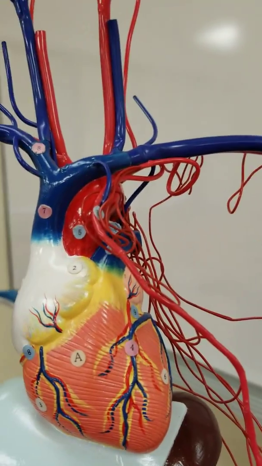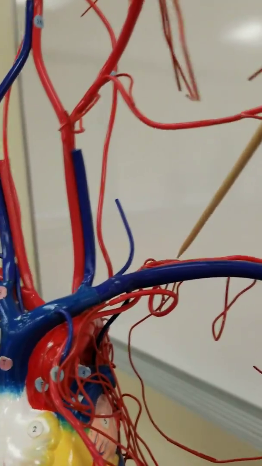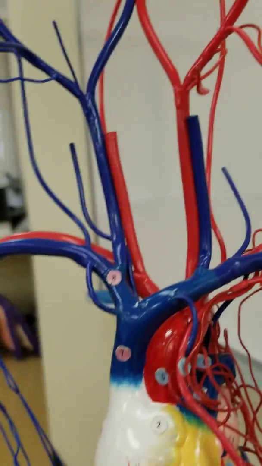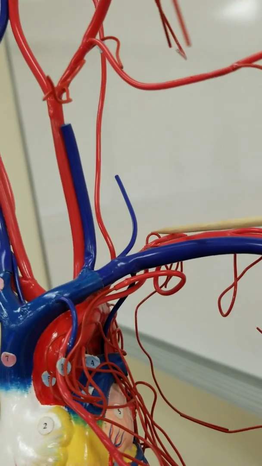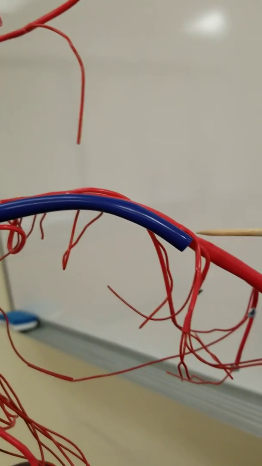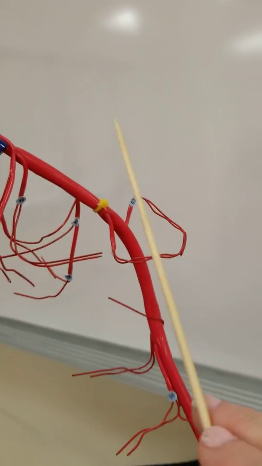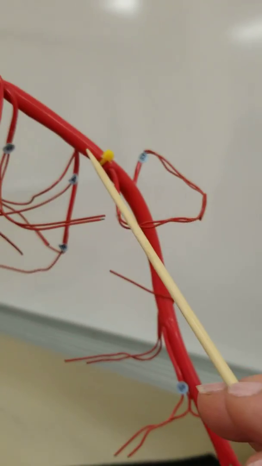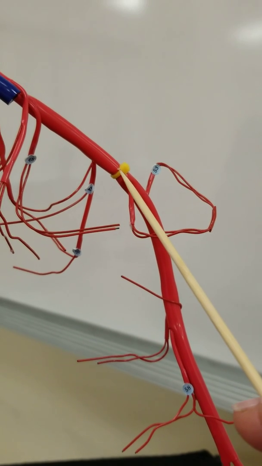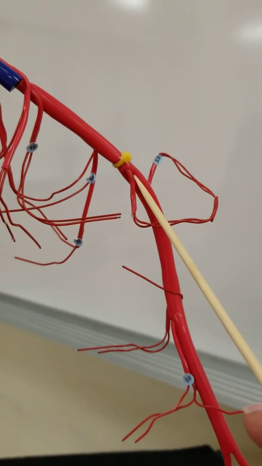Let's follow the subclavian. So again, left subclavian, it's kind of hard to see at this angle. It's actually right there, right behind the vein. And it's going to continue to be the subclavian until it gets towards the shoulder, right over where the armpit would begin. We're going to change the name of it, and we're going to call it now the left axillary artery.